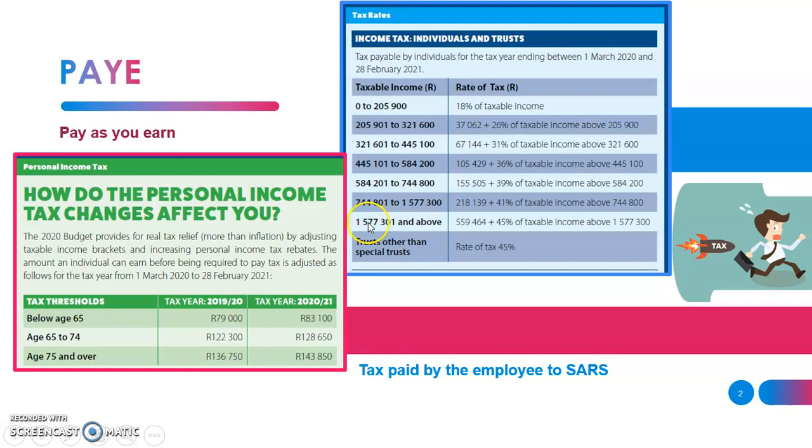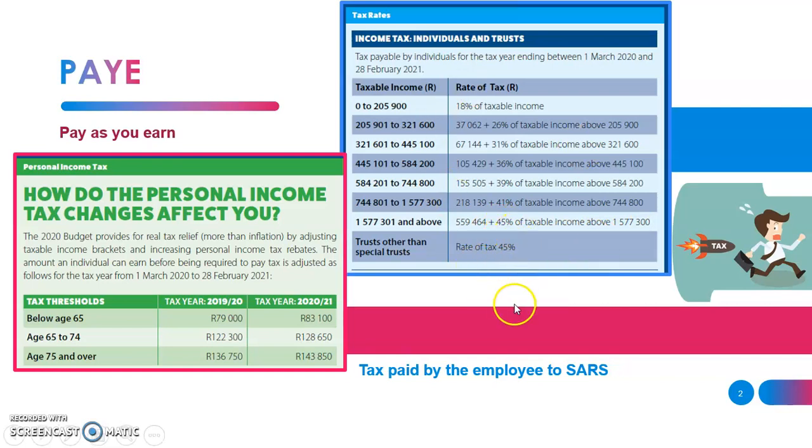They earn 1.5 million or more per annum, and they will pay 559,464 definitely. And the difference between 1.5 and their salary, let's say it's 2 million, the difference between 2 million and 1,577,300 will be 45% taxed. So work out what's 45%. So interesting to have that table handy.